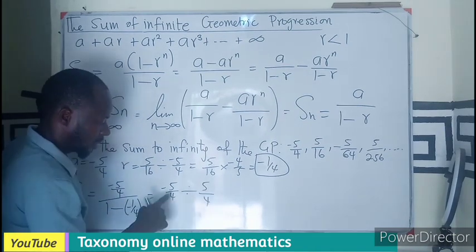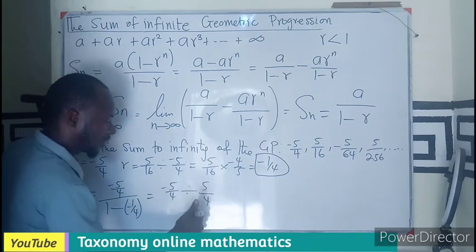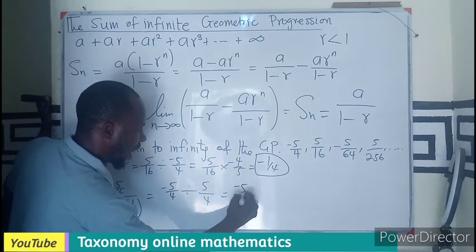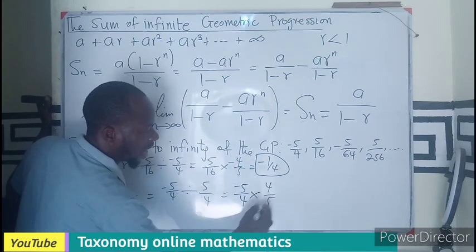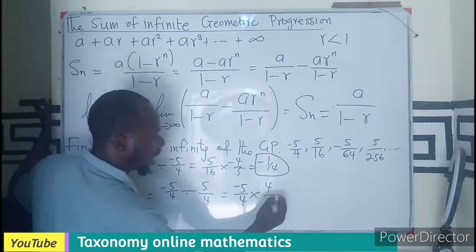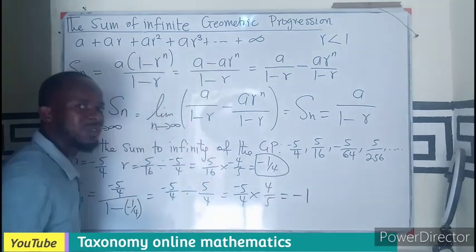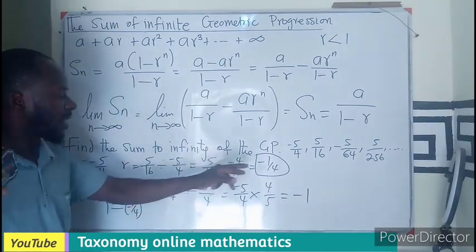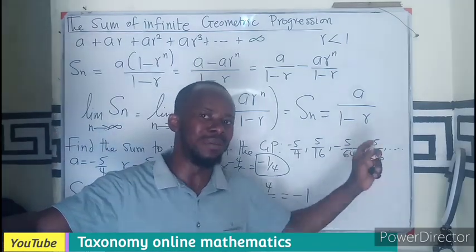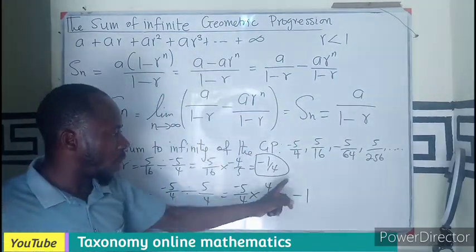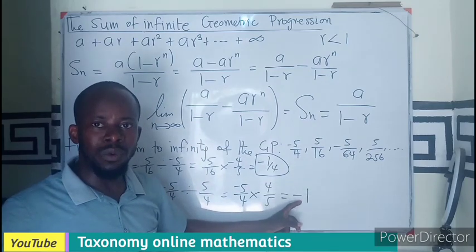Per inversion, this becomes minus 5 over 4 times, flip the fraction, 4 over 5. This will cancel, this will cancel. So we'll be left with minus 1. Meaning if you continue generating the sequence, adding all of them to infinity, your answer will approach negative 1.